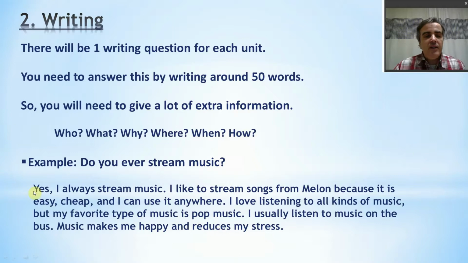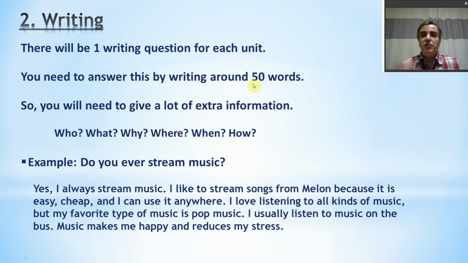So I think this is a good example because it shows how you should be doing these writing answers. We need to answer the question at the beginning, then we need to give our extra information and try and make each of these writings around 50 words.